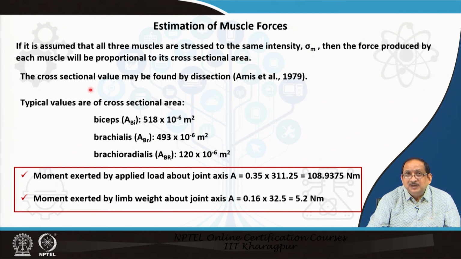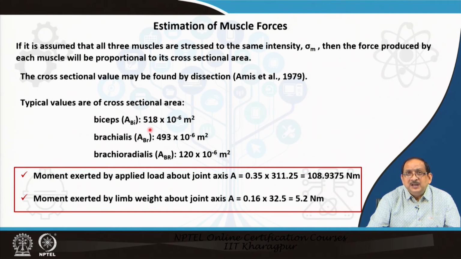The cross-sectional area values of each muscle have been found earlier by dissection, and the typical values of the cross-sectional area of the muscles are given here, as you can see.